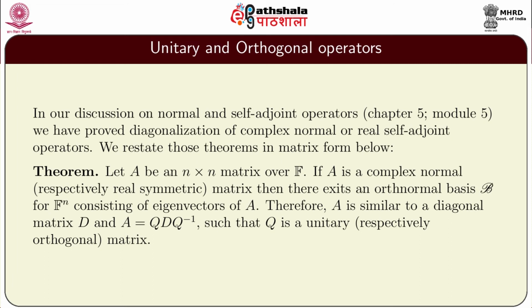Theorem: let A be an n cross n matrix over F. If A is a complex normal, respectively real symmetric, matrix, then there exists an orthonormal basis B for F^n consisting of eigenvectors of A. Therefore, A is similar to a diagonal matrix D, and A can be written as Q D Q inverse such that Q is a unitary, respectively orthogonal, matrix.